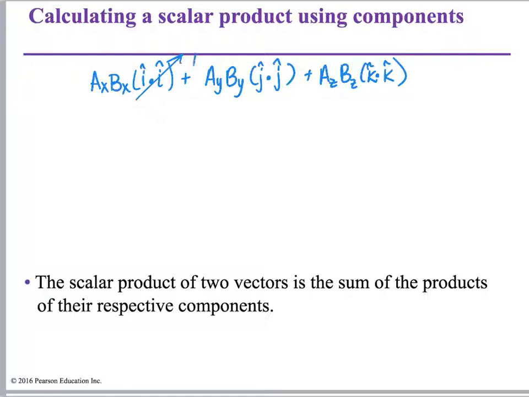And these are just 1. All these terms are just 1. And so, really, that's how we get that result, that when I'm taking the dot product of two vectors written in unit vector form, I just multiply the like components and add them all together.